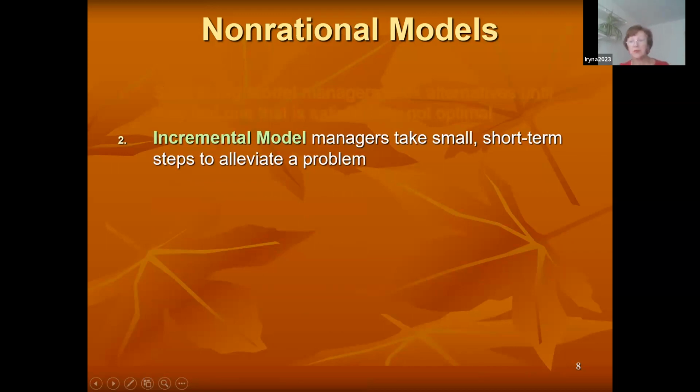Incremental model holds that managers make the smallest possible response just to reduce a problem to at least some tolerable level. They make small short-term steps to make the situation easier, to make it tolerable.